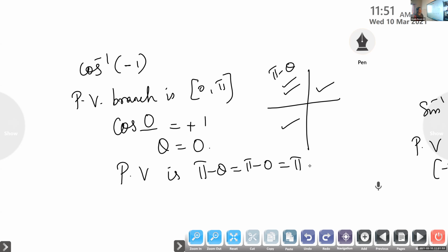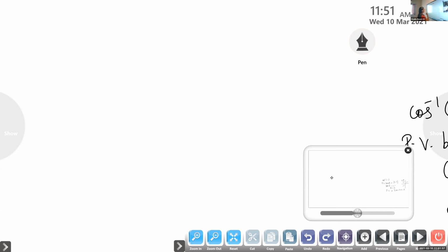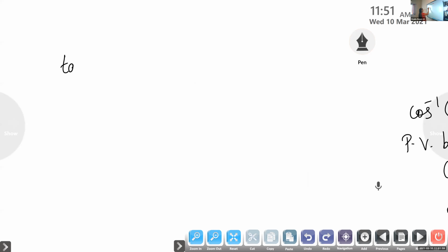Right, then try the next one. Tan inverse of minus root 3, children.